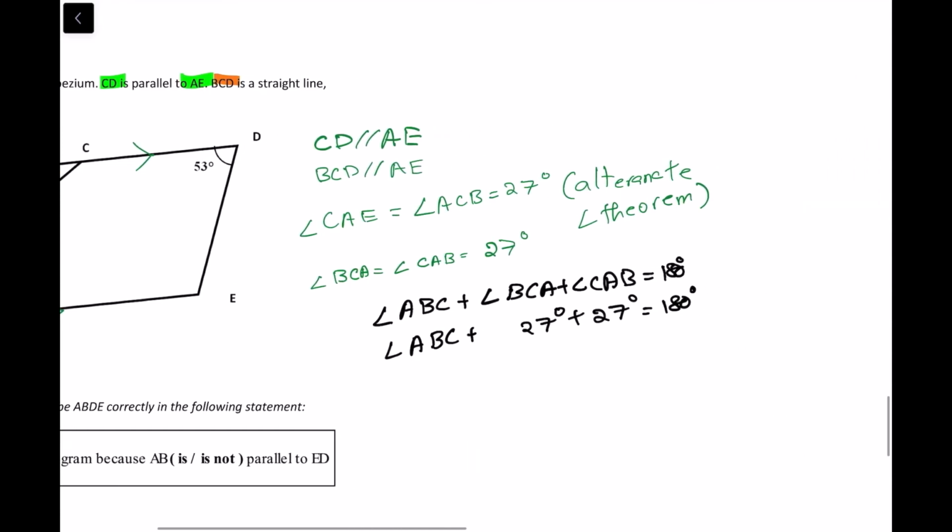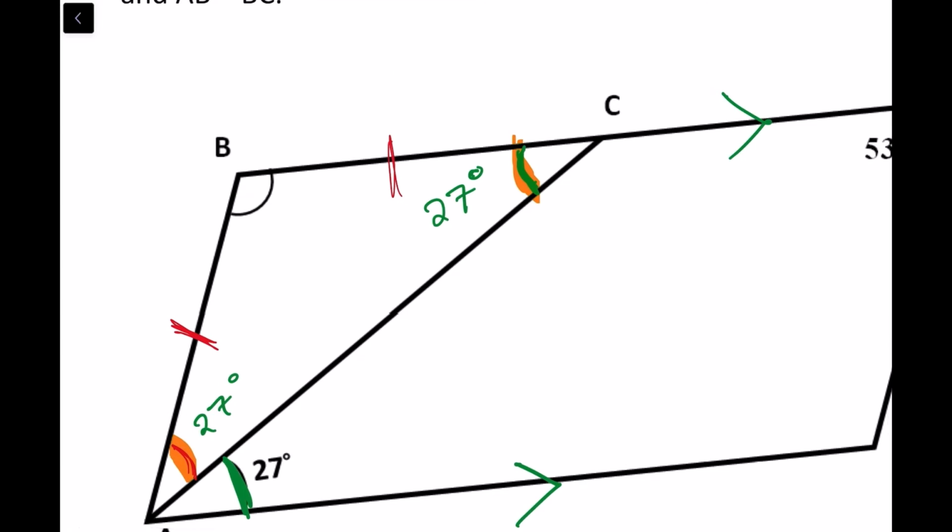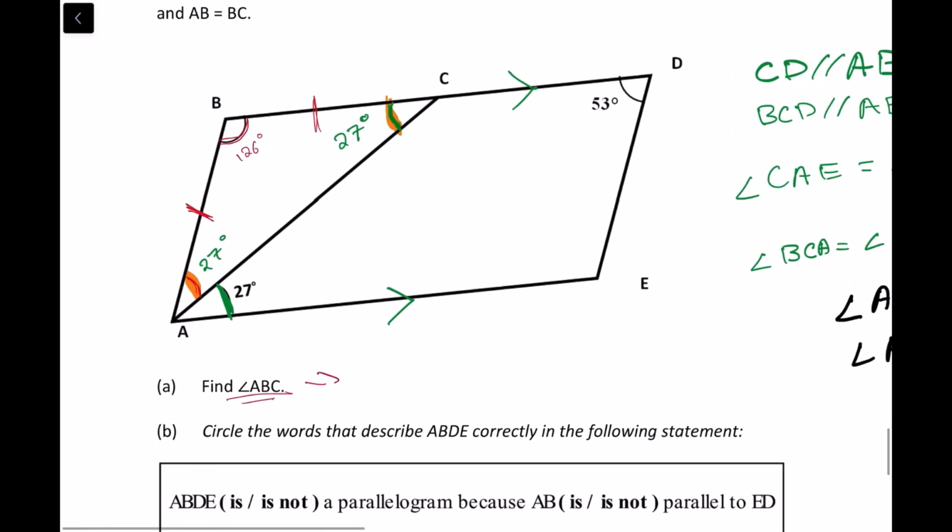If you subtract 54 from 180, we get the value of angle ABC, which is simply 126 degrees. So angle ABC is 126 degrees. That is the answer for the first part.